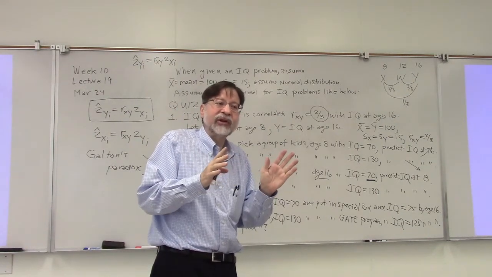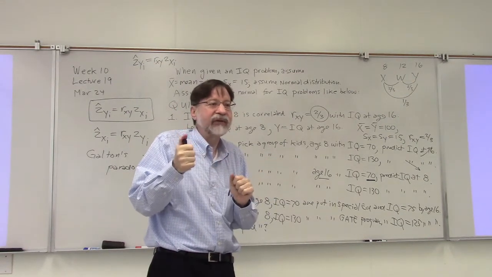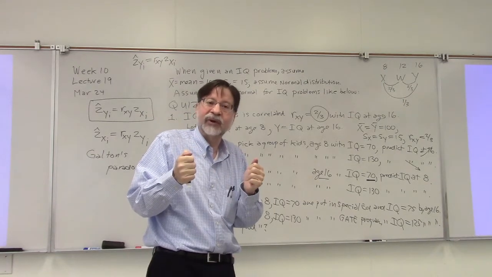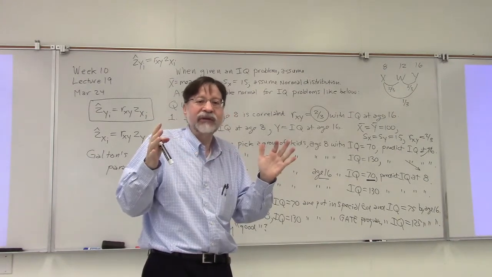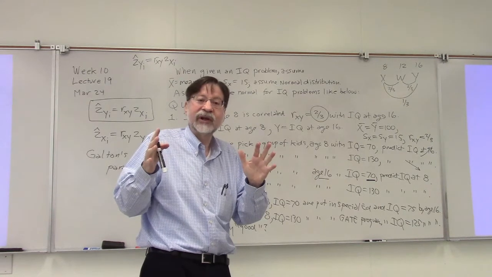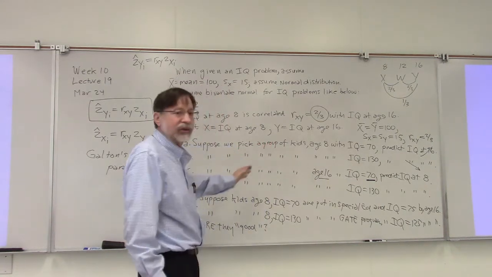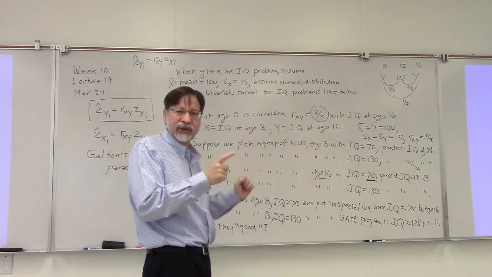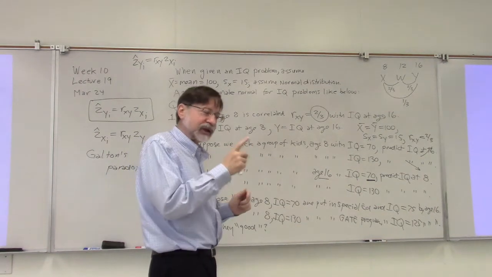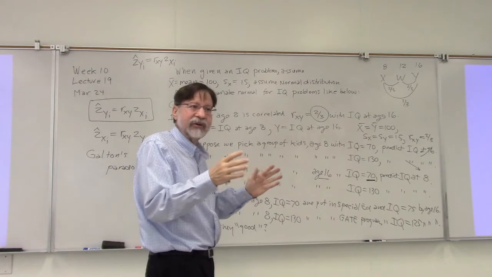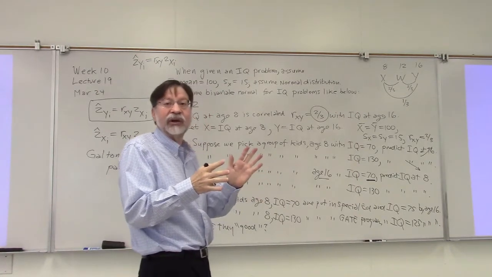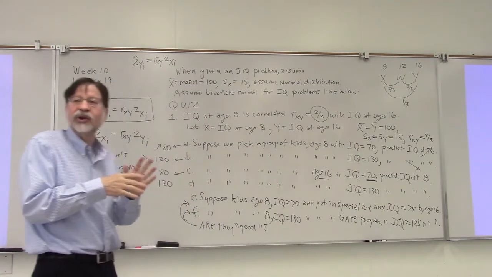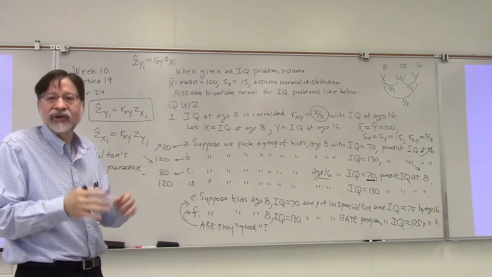How much variance is left over? Well, you get r squared off. That means you have 1 minus r squared left over. Multiply that by the original variance. That's how much variance is left. So if you wanted to predict the whole distribution or make confidence intervals on your prediction for that one kid, you would take not just the predicted value, but also the variance, what's known as the standard error of regression, and use that to get your confidence intervals.